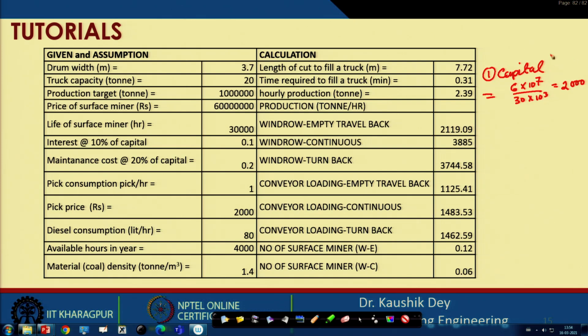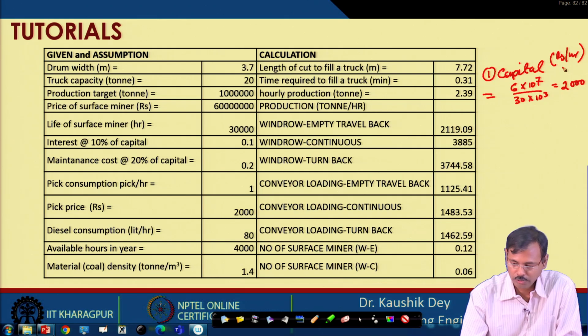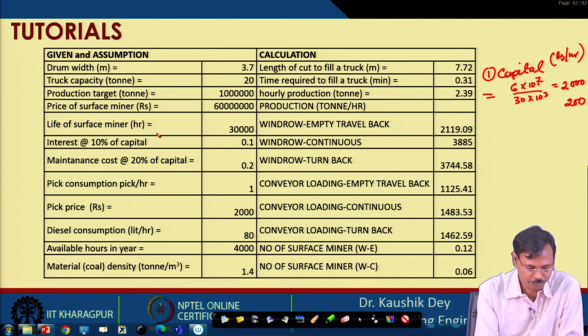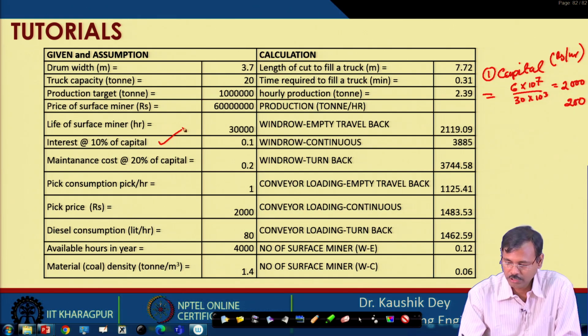So, all are in rupees per hour, and we are considering interest is 10% of the capital cost. So, interest is 200 rupees as it is given here. Maintenance cost is 20% of the capital cost. These are the assumptions we have made.